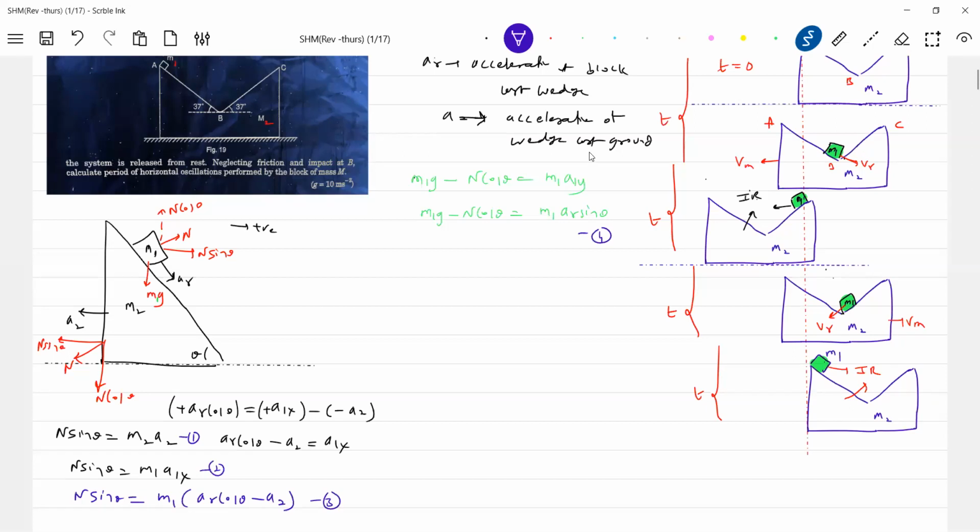Of course, A1x may not be needed. Solving 1, 2, 3, 4, we'll get expressions for N, A2, and AR.